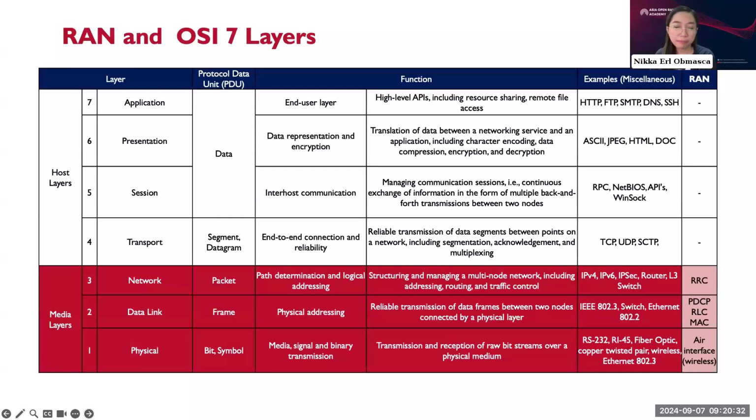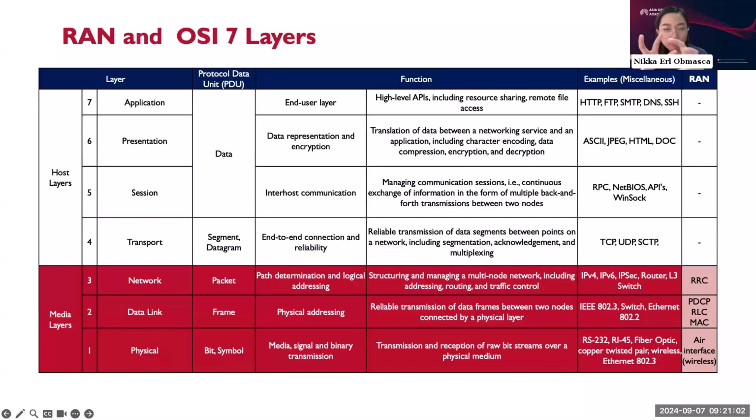If we map the OSI model to the different components in a RAN system, we can more easily understand the role of the different layers in the OSI model and how they all work together so that we can have reliable and more efficient wireless connectivity for our user equipments.